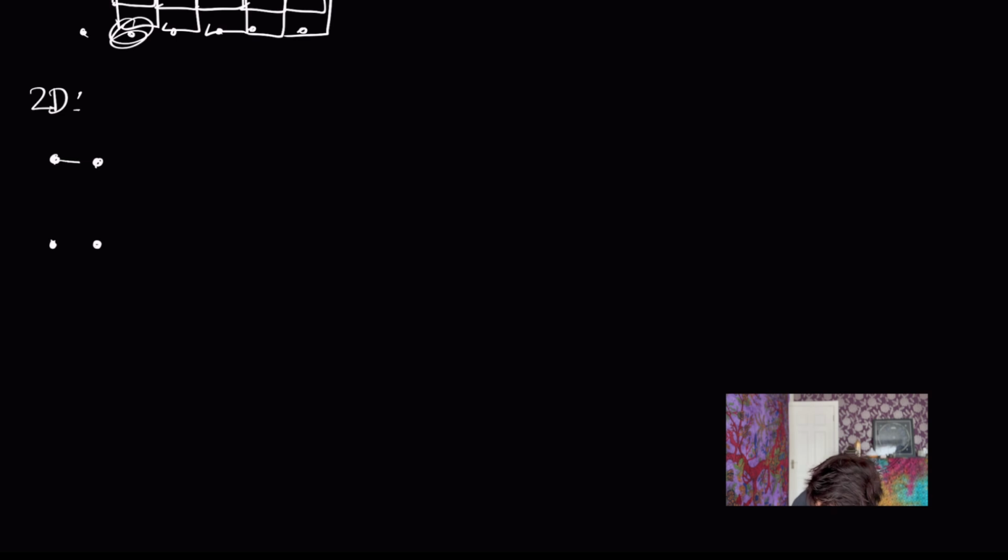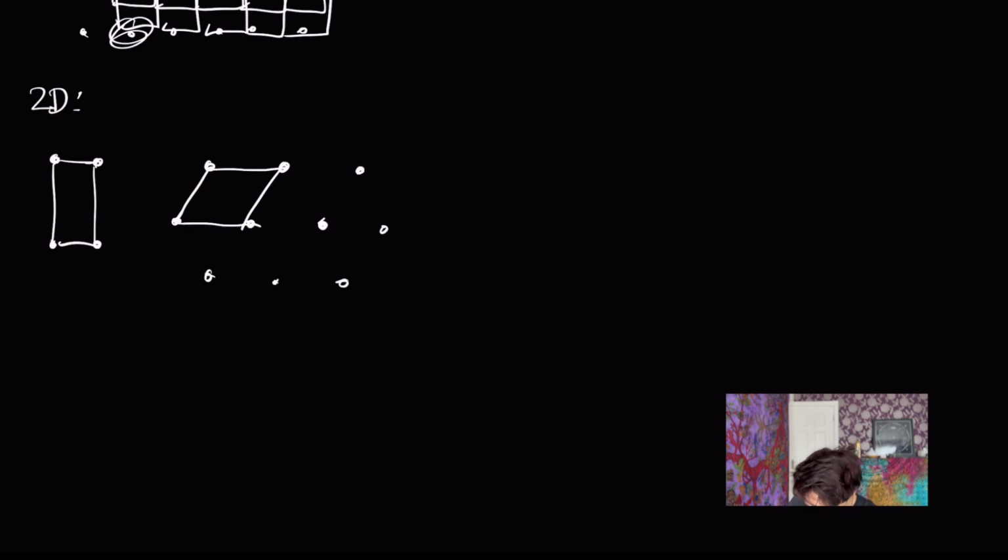So you've got this side, which has one length, and this side, which has another length. And you can also have isometric unit cells. If you've got your isometric lattice, this will have a unit cell which is actually a parallelogram right here, rather than a rectangle.